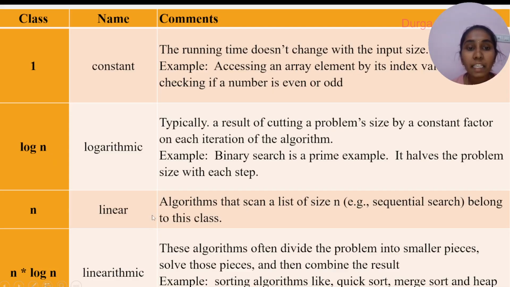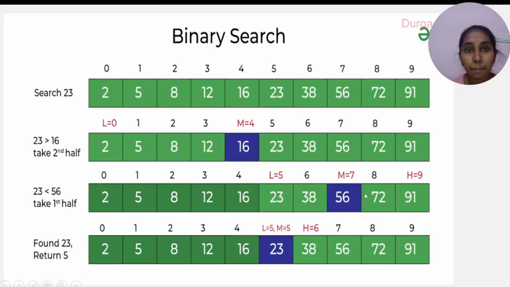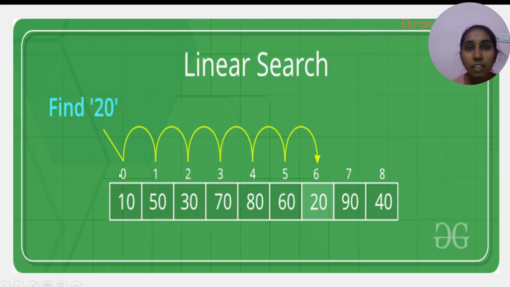The next one is linear. If the algorithm takes time based on the n value, the input size, it will be order of n. Sequential search is the example. We all know sequential search, linear search, one after another. In this, I want to find the element 20. It will search the first element, second element, third element, fourth, and so on.